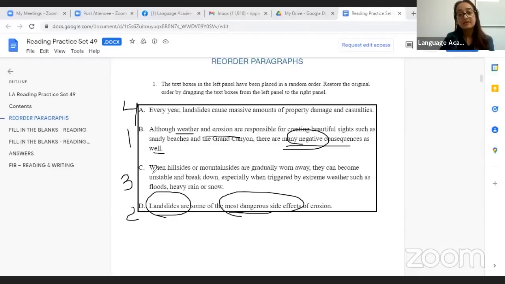So it is not AC, it is CA. Yes, the word landslide is not given in C, but sometimes it is a bit of context: when the mountain sides or hill slides slip, what are they called? They're called landslides only. So not a good attempt, but it's okay.